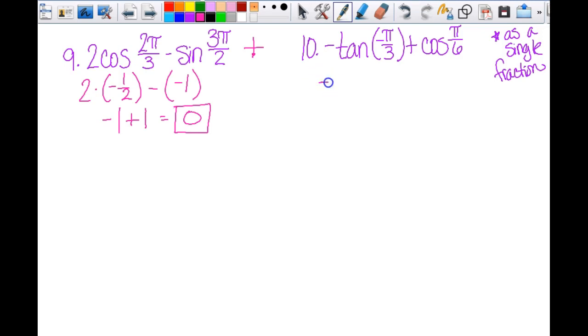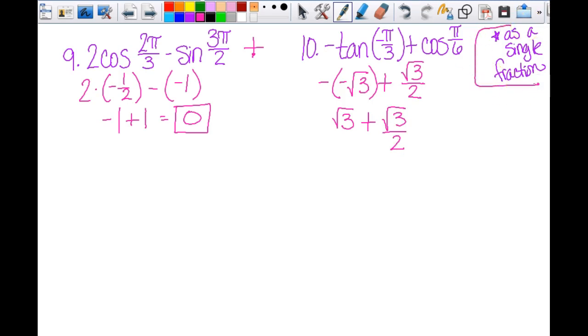So this is going to be a negative square root of 3 plus cosine of pi sixths. Cosine of pi sixths is the square root of 3 over 2. So this gives me negative square root of 3 plus square root of 3 over 2. And it did say on there to do it as a single fraction.